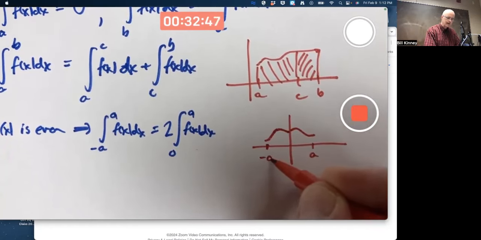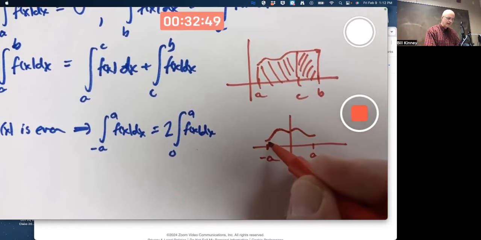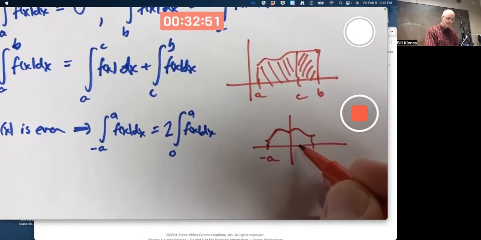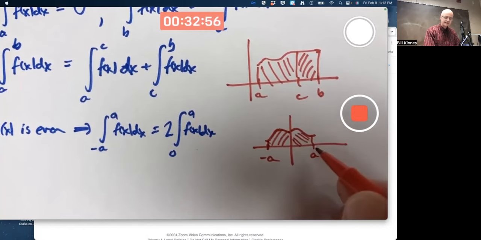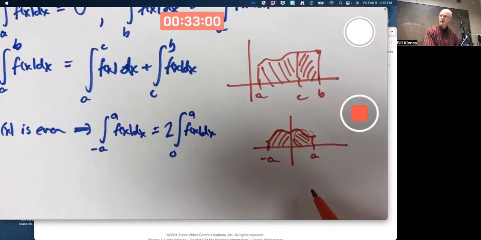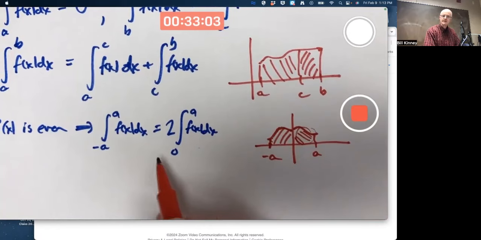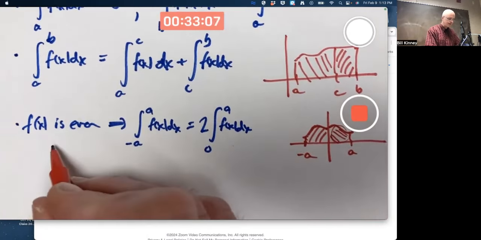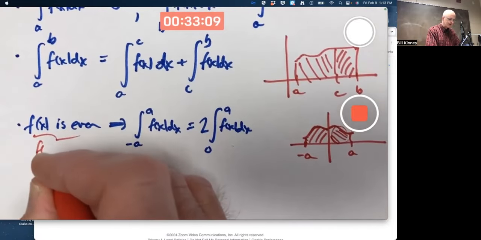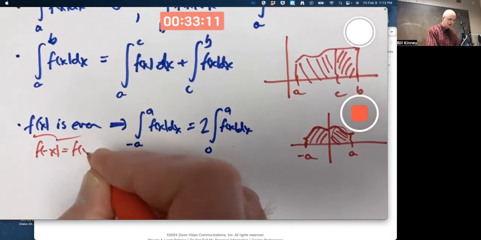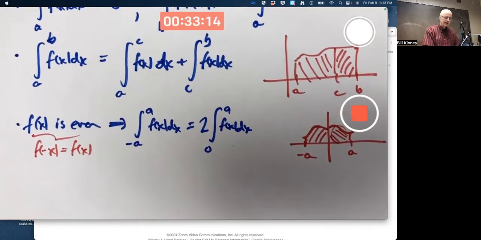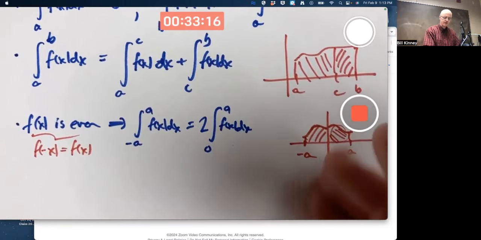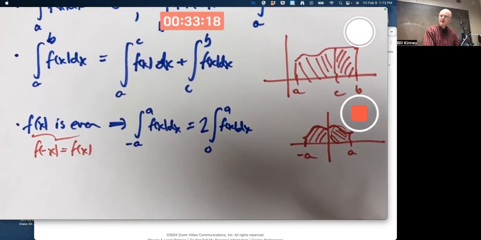And this would be negative A. We're trying to find the area under the curve from negative A to A. I can split that into pieces, and by symmetry, the entire area is double the area of any one piece. That's what this is saying. Symbolically, f of x being even means f of negative x equals f of x for all x. It's telling you if you reflect this graph across the vertical axis, you get the exact same graph.